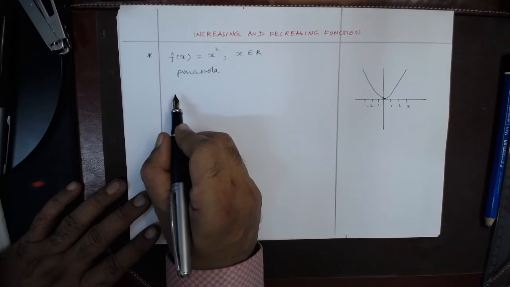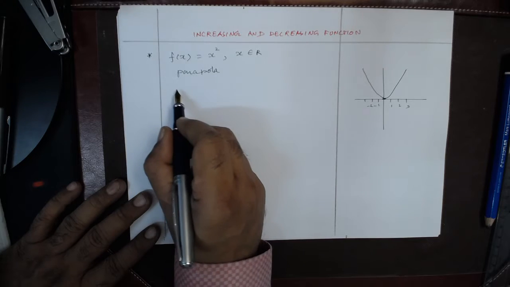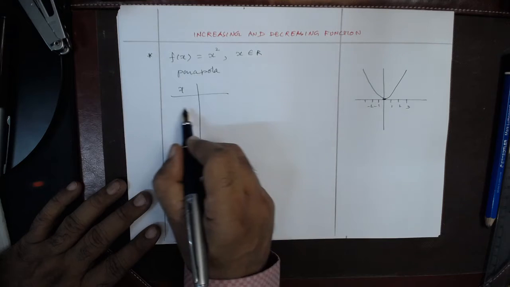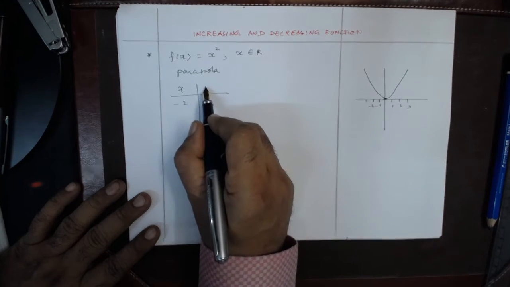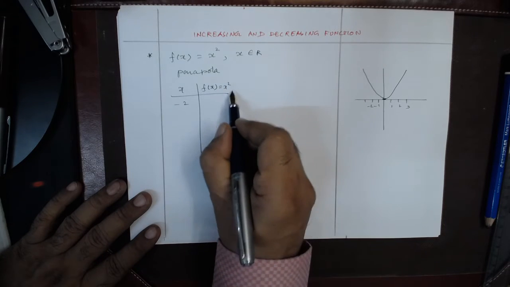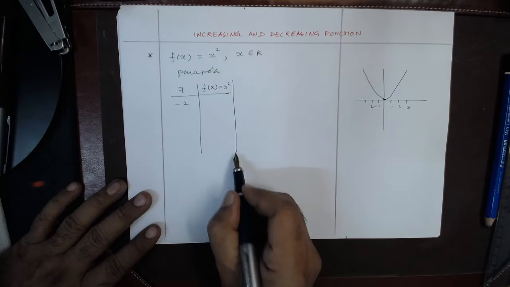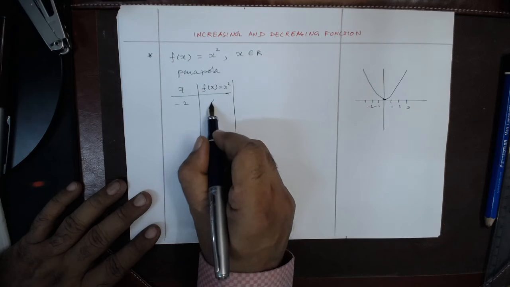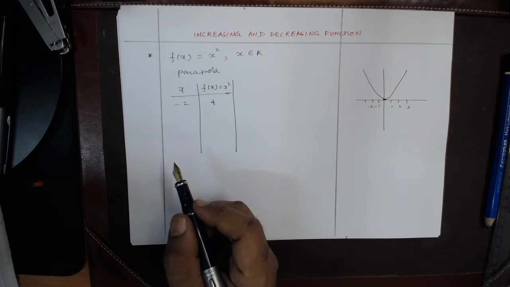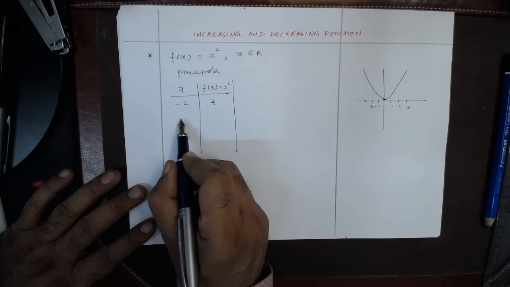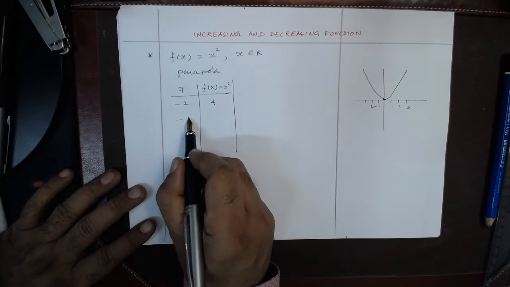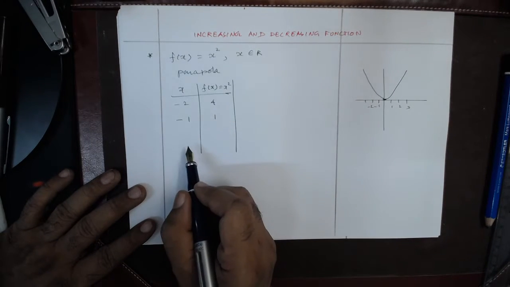So let us represent this by a table. When x is -2, what about f of x? Because f of x is nothing but x squared, we can replace this by -2. So -2 whole squared is 4. And then when I put -1, it becomes +1.